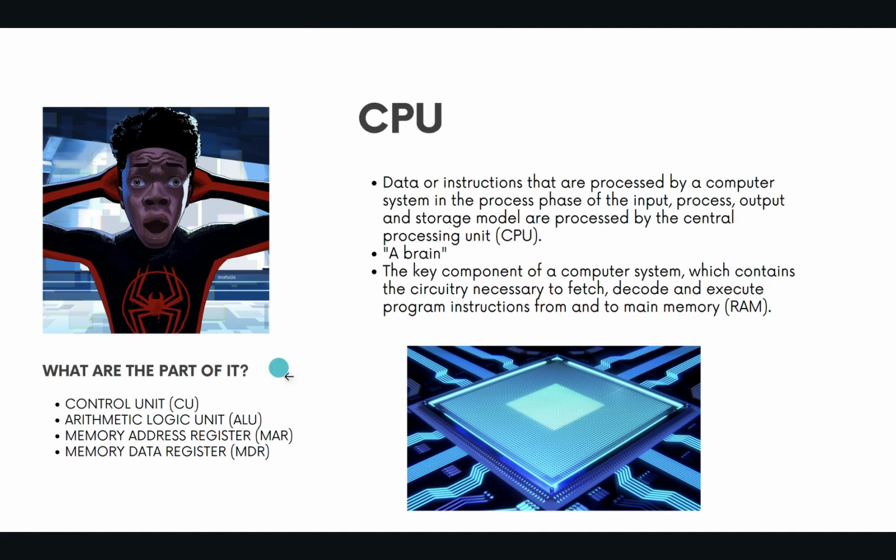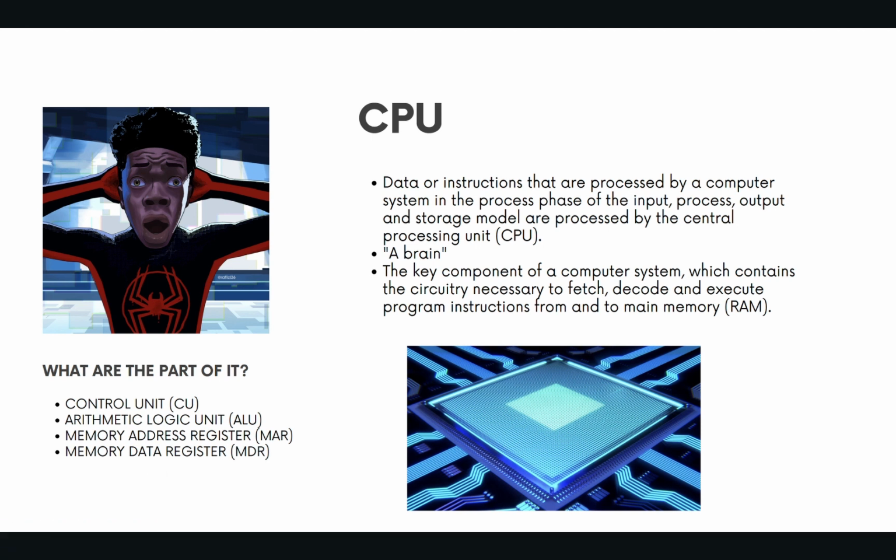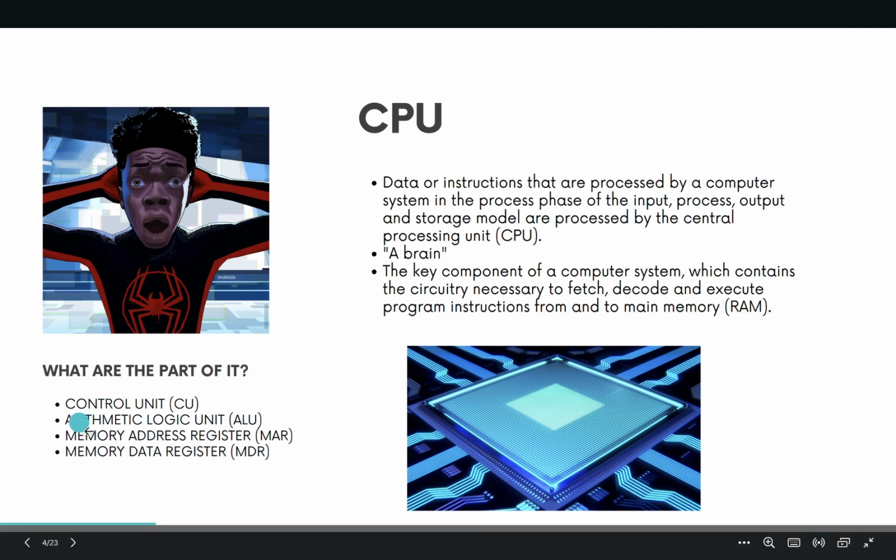CPU has its own parts. The main ones are the control unit and the arithmetic logic unit, CU and ALU, and it has many registers. However, the main ones that we need to remember and that are covered in this course are the memory address register and memory data register, MAR and MDR.